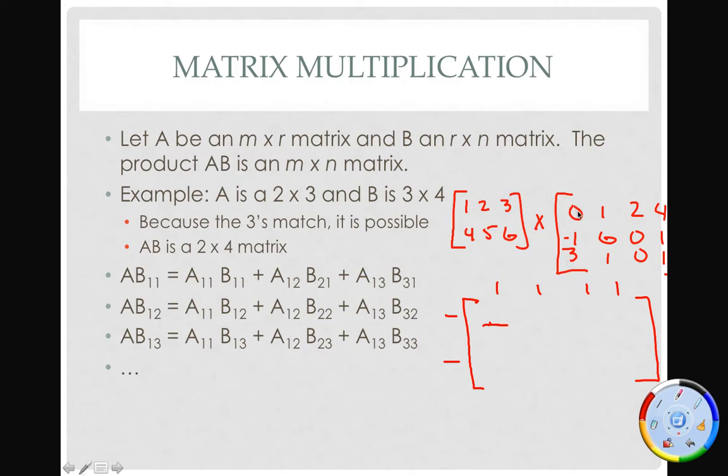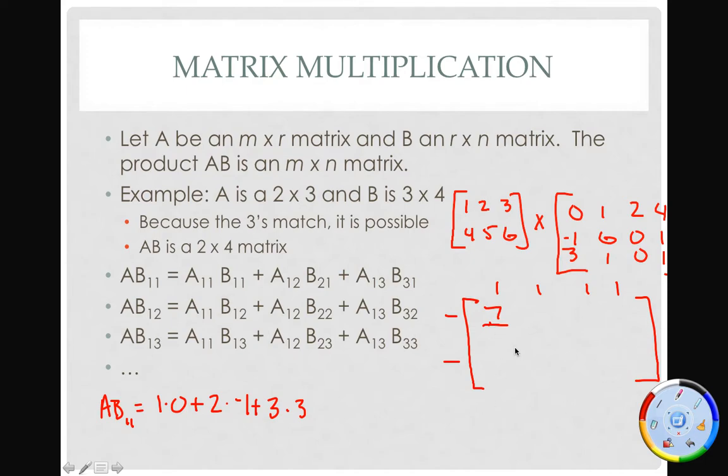So AB of 1, 1 is equal to 1 times 0 plus 2 times -1 plus 3 times 3. If I do this, this is 9 minus 2, which is 7. So the 7 goes in this entry.